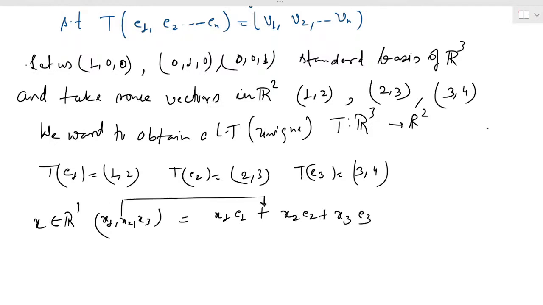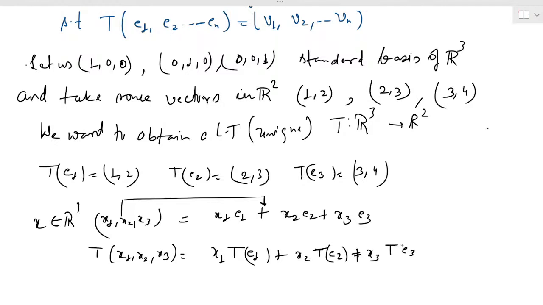Whether I write this or this, it is one and the same thing, isn't it? So if I apply the linear transformation on both sides, I'm going to get x1 TE1, then TE2 times x2, and then x3 times TE3.